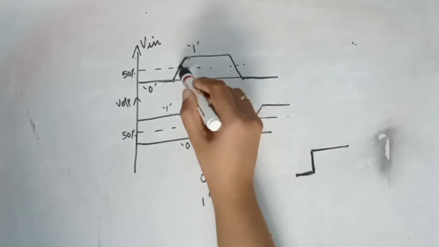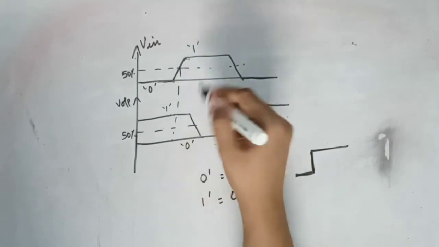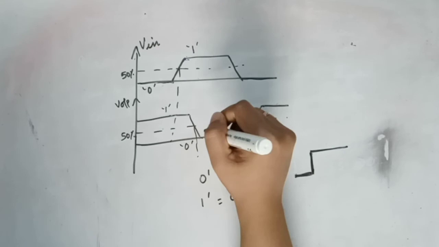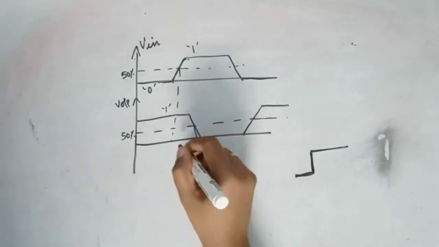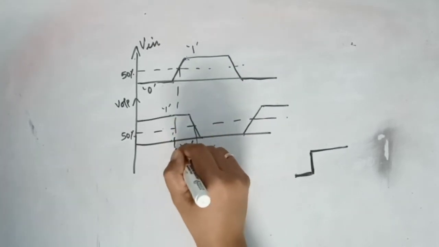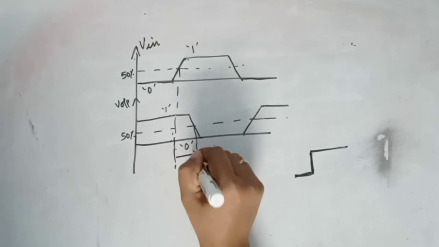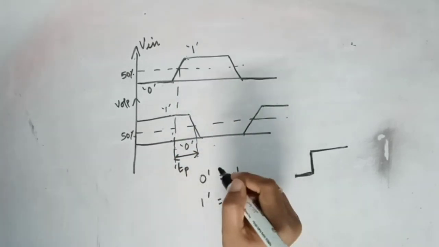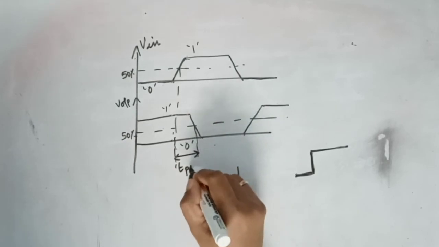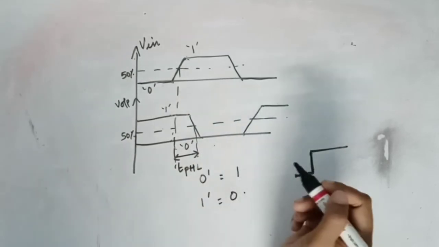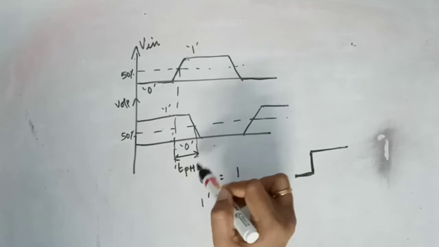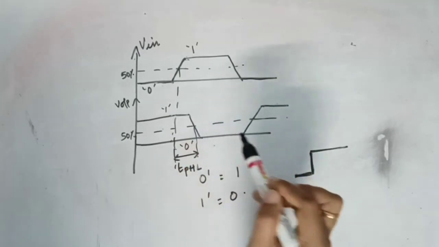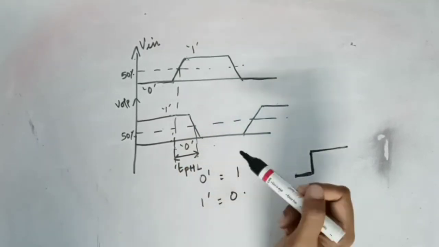So from here, this 50% to this 50%, this time is called the propagation delay to change from high to low. High to low is for the output. We are talking in terms of the output.